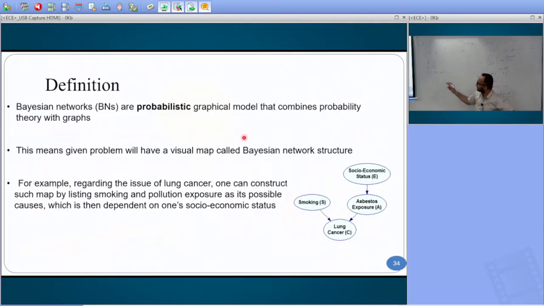Can you look at the figure and say which one is dependent on which one? You know conditional independence, right? Conditional independence, conditional dependence. F of, let's suppose, start from lung cancer. You start from here. Okay, you have a structure here. Lung cancer is depending only on asbestos and smoking. Right?